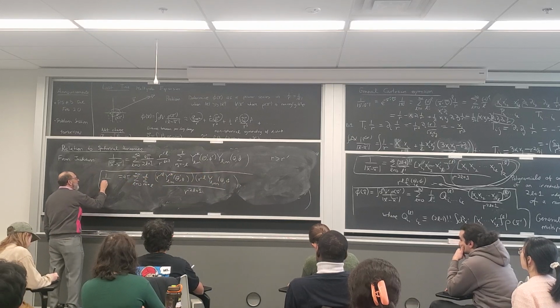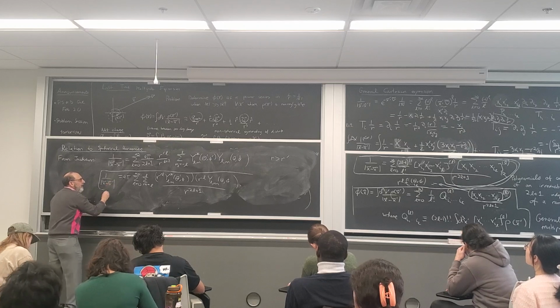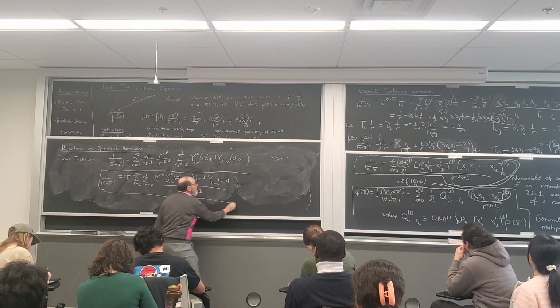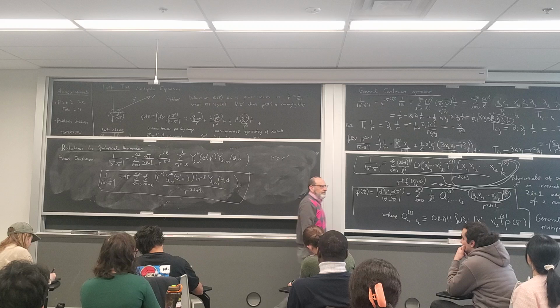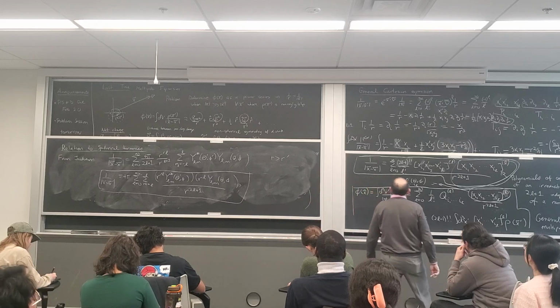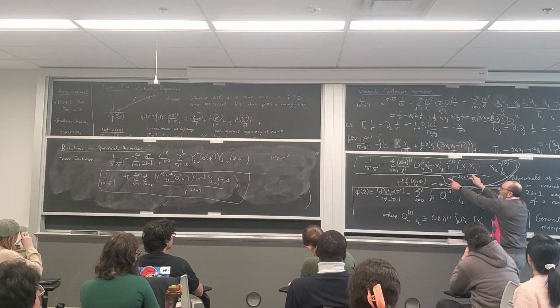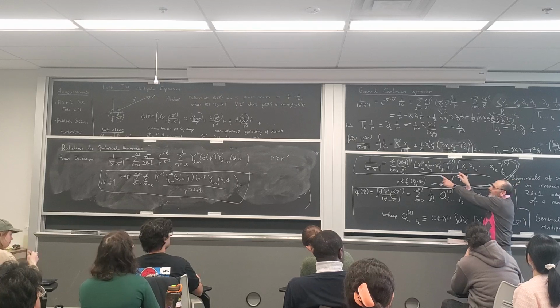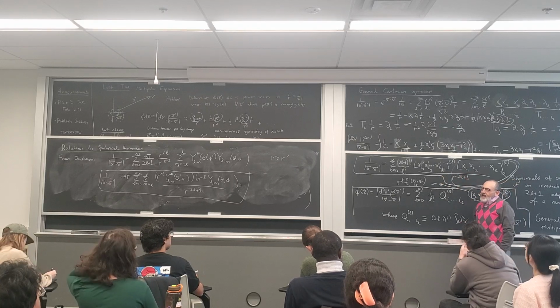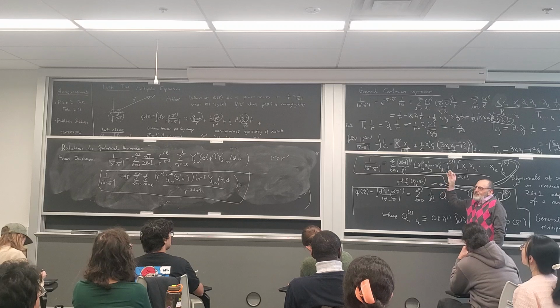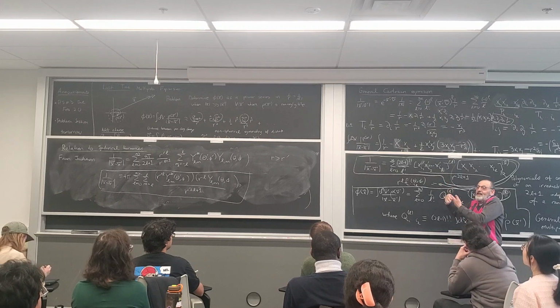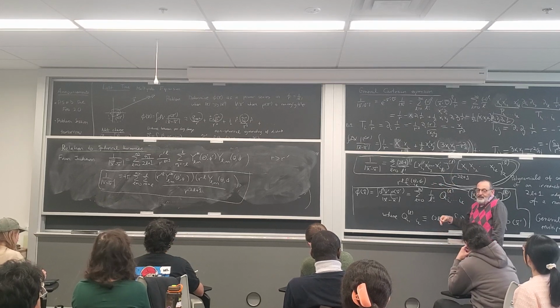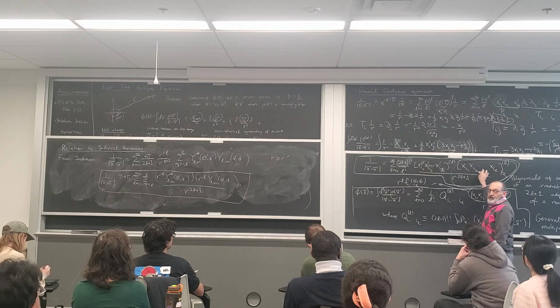Do they look similar? They're very similar. What is a double sum? Both of them are double sums because this guy has a sum over these indices. And in fact, there are how many independent indices? There are only 2L plus 1 terms that are non-zero.